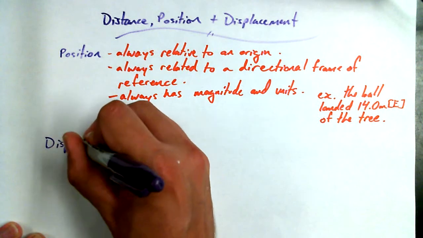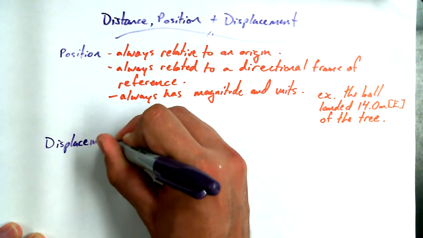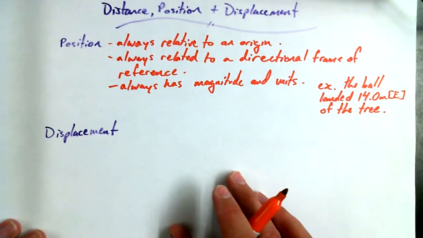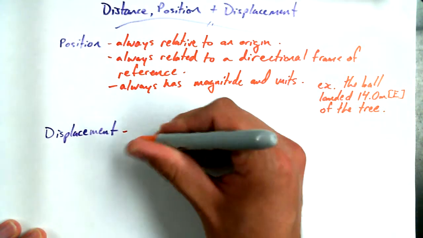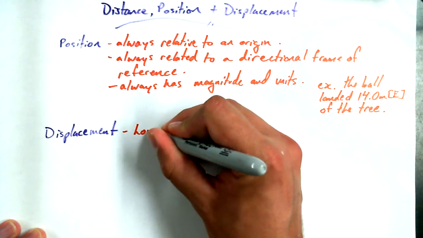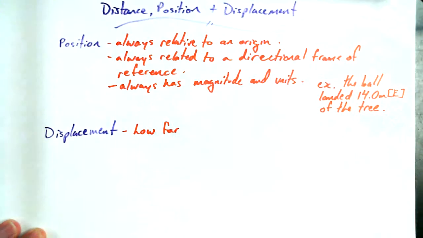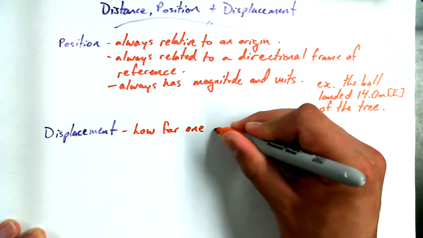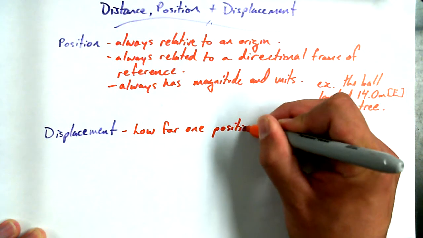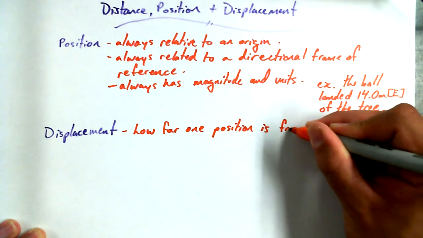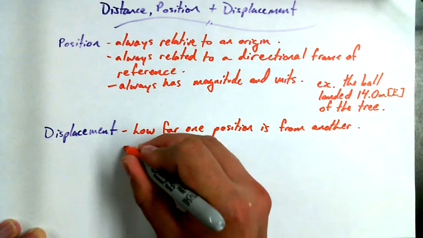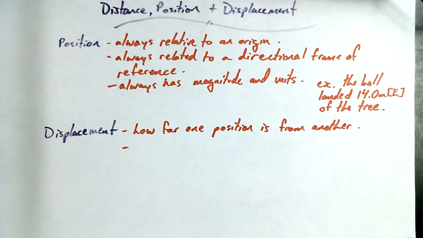Displacement. Really, at the end of the day, it's how far you are from another position, how far one position is from another position, and in what direction you'd have to point yourself to go to another position.